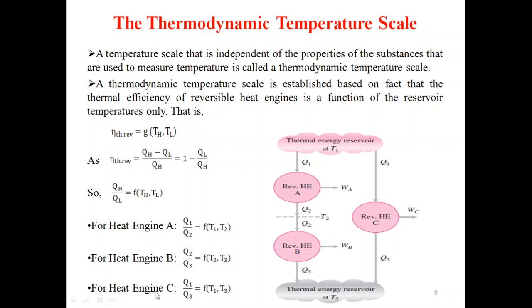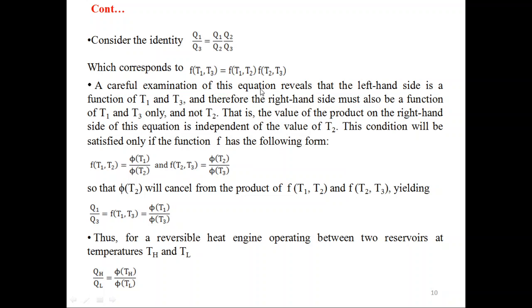For heat engine C, Q1 upon Q3 is a function of T1 and T3, because for reversible heat engine C we have the source at T1 and the sink at T3. Consider the identity Q1 divided by Q3 is equal to Q1 by Q2 multiplied by Q2 by Q3.